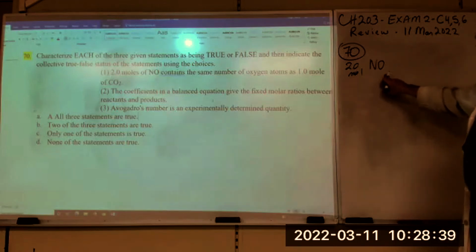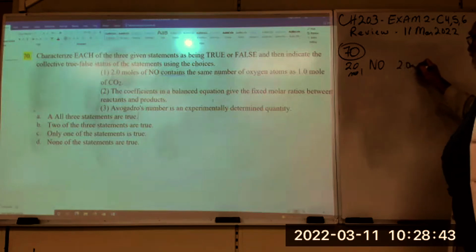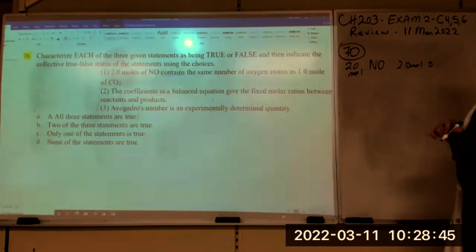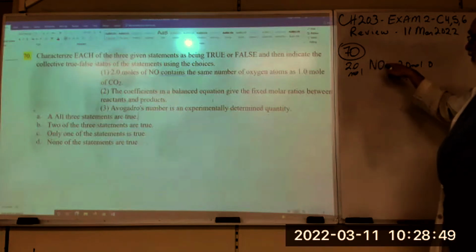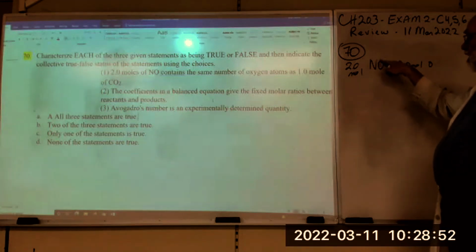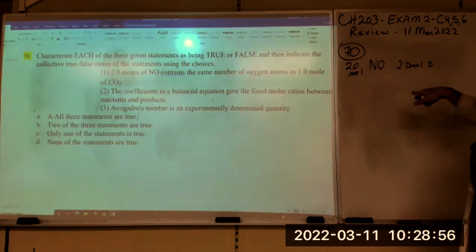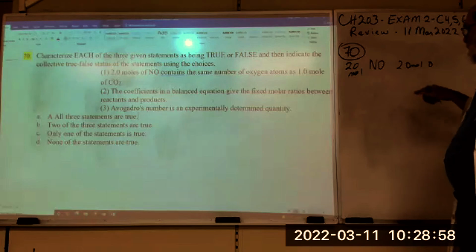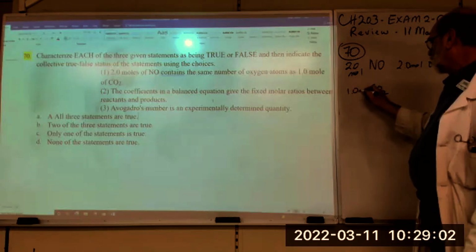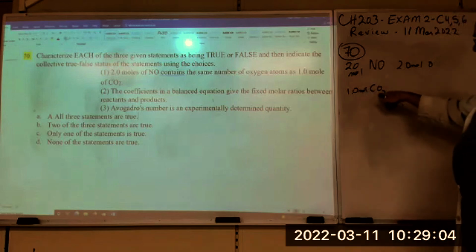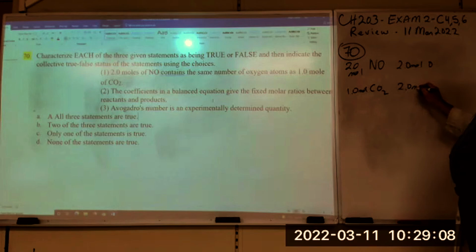We have 2 moles of oxygen, because for every one of these you have 1 oxygen. So if you have 2 of those, you have 2 oxygens. Oxygen atoms in CO2: 1 mole of this, for every one of these you have 2 of those. So 2 times 1 is 2. That's true.